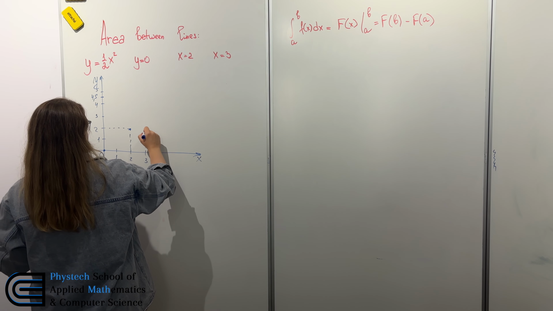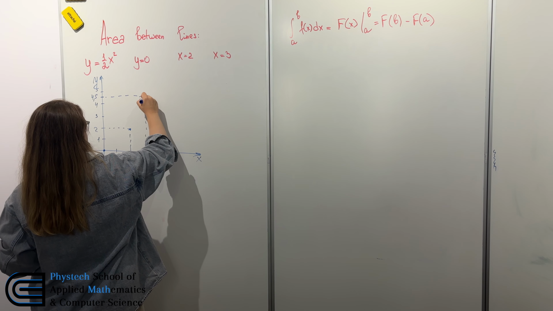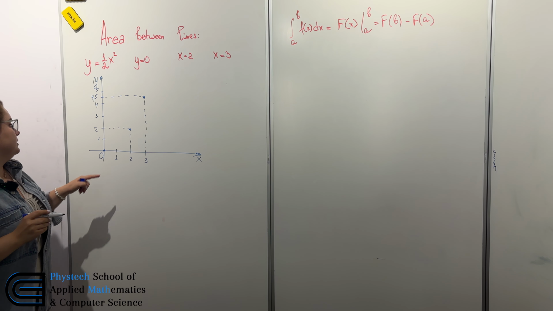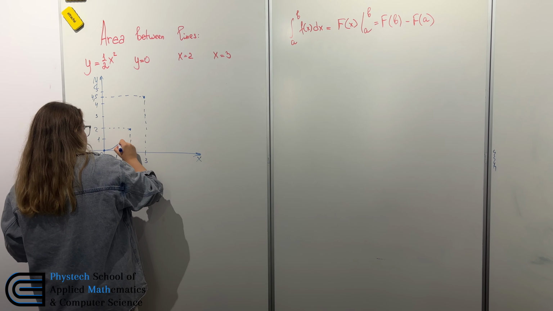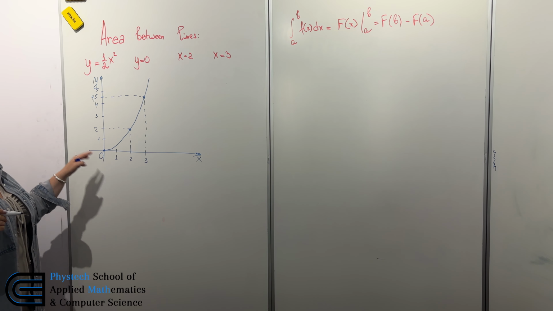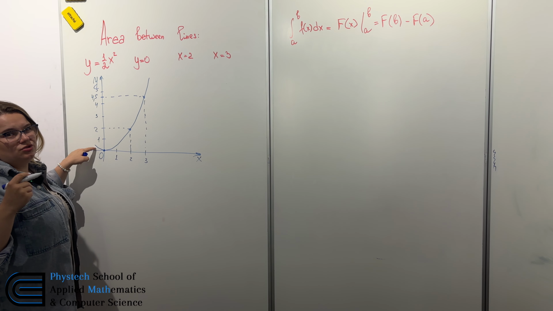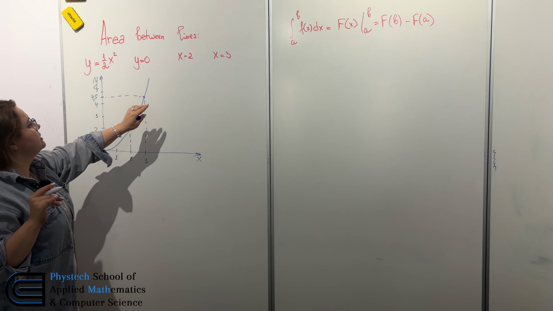So let's put here our next point and draw a line. Here actually our function exists too, but it's not important for us.